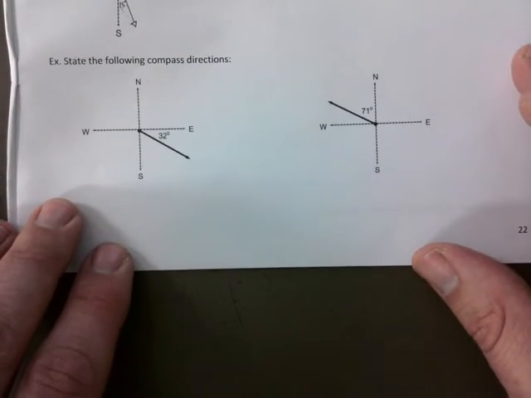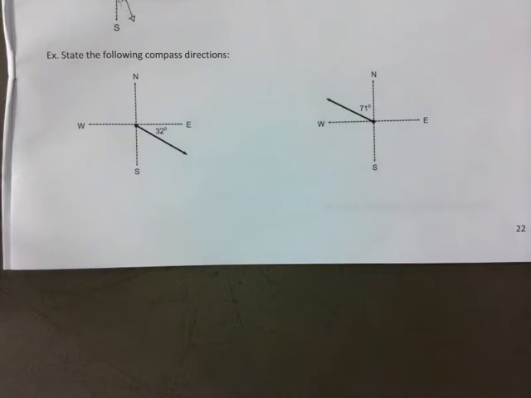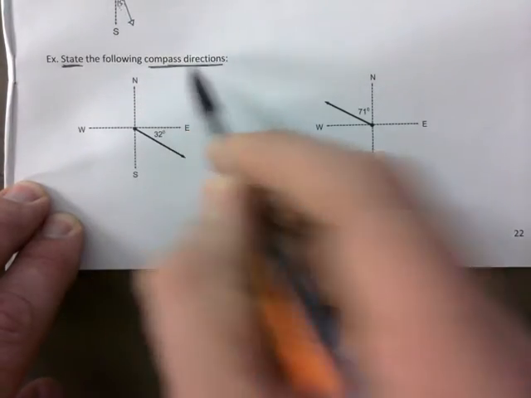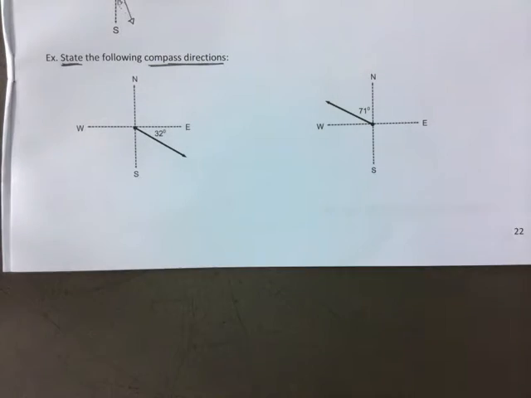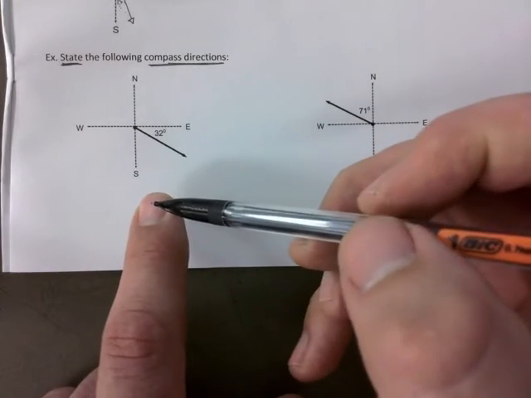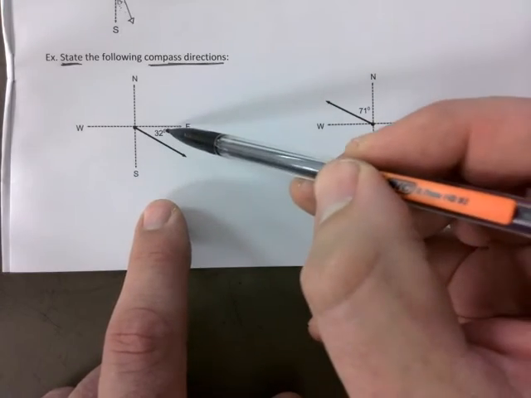So what if you have to go the other way? What if I'm asking you to state the compass direction if I just gave you one of these? How would you do it? Francis? Well, not necessarily always north and south. Where is this angle?